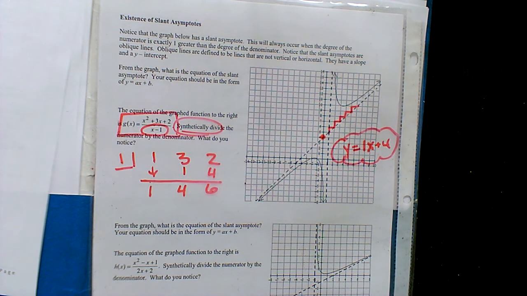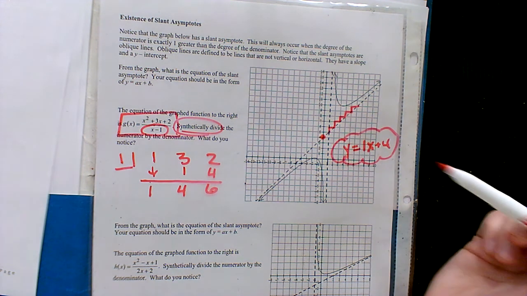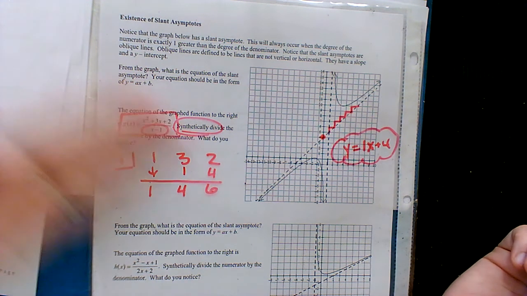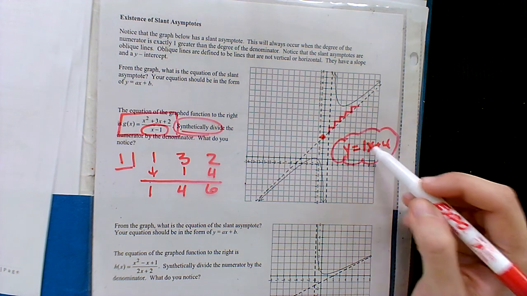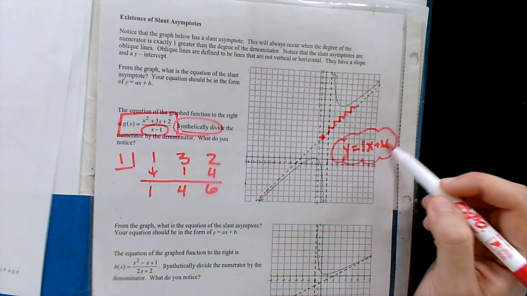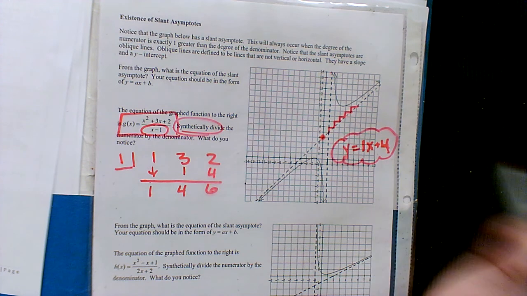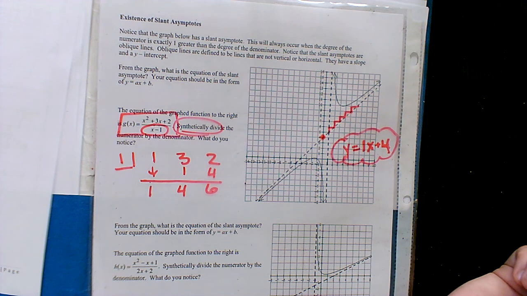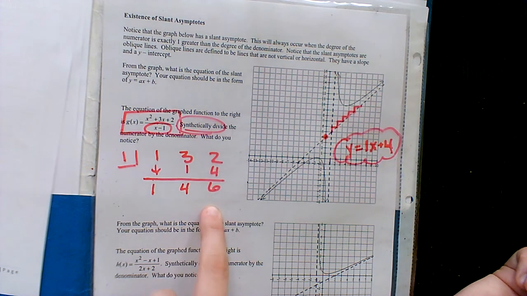Can you see the equation of the slant asymptote showing up somewhere within synthetic division? Where do you see a 1 and a 4? I see a 1, 4, and a 6.